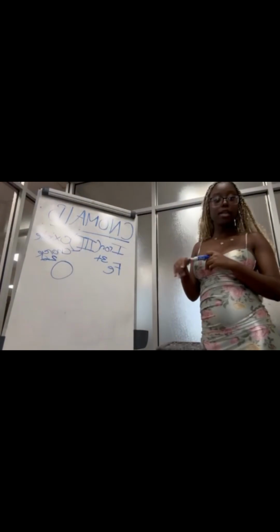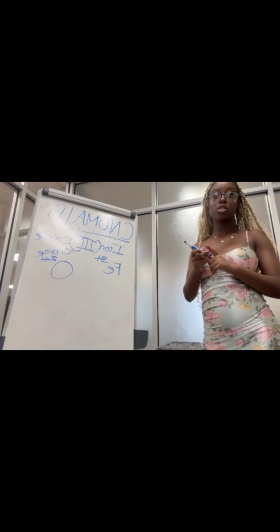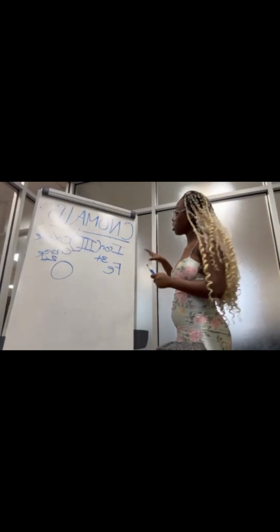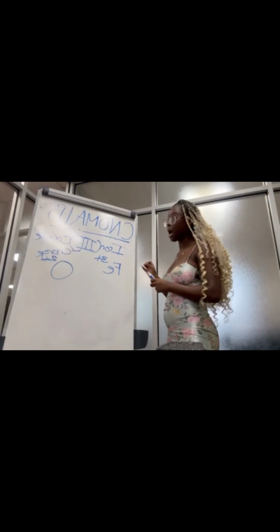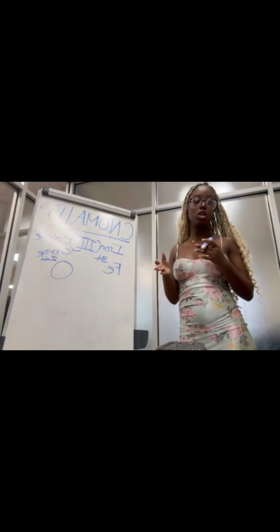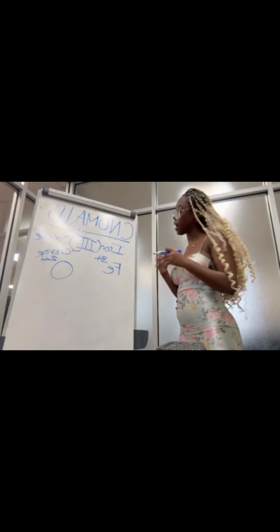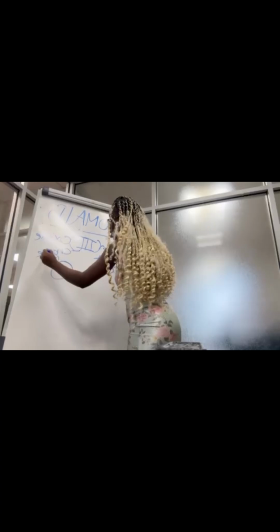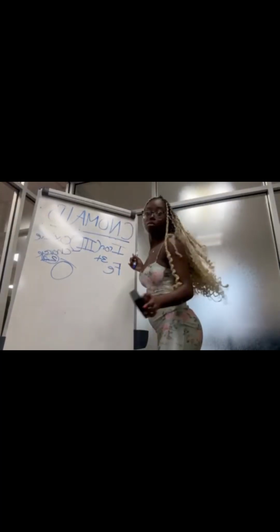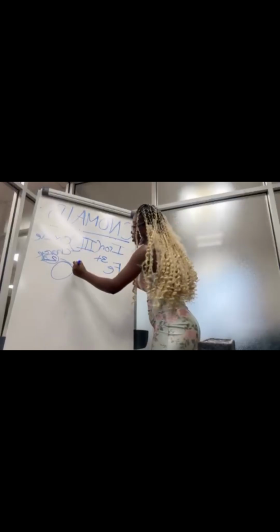Because it's a -2 charge and all this, it looks basically the same. So what you have to do is what I did last time. You circle and put down.